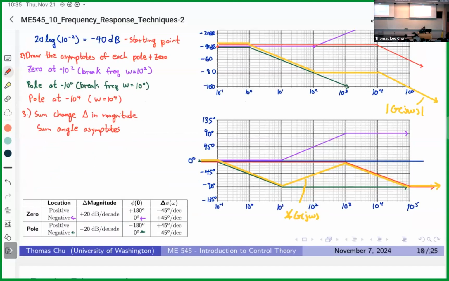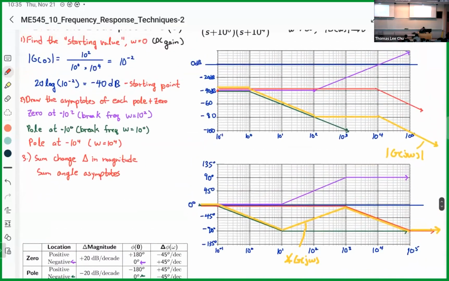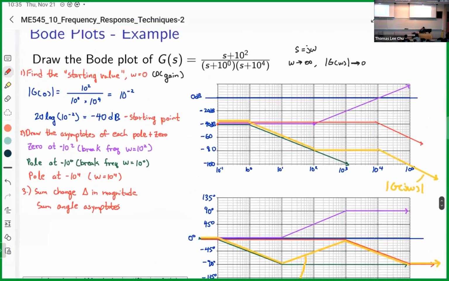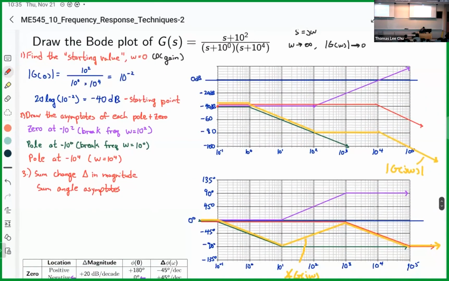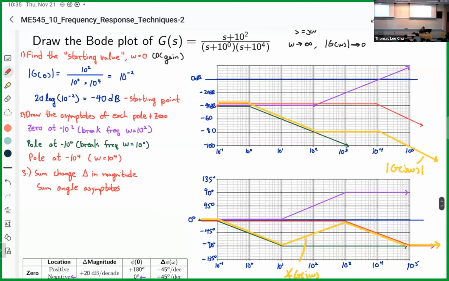Okay, so back to the lecture. Yesterday we went over this example of drawing the Bode plots of the system (s + 10)^2 divided by (s + 10) times (s + 10)^4.